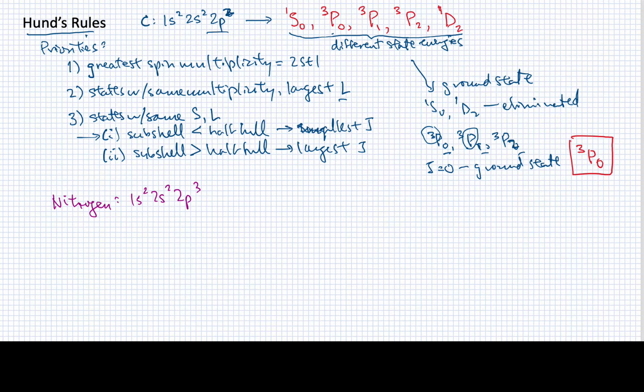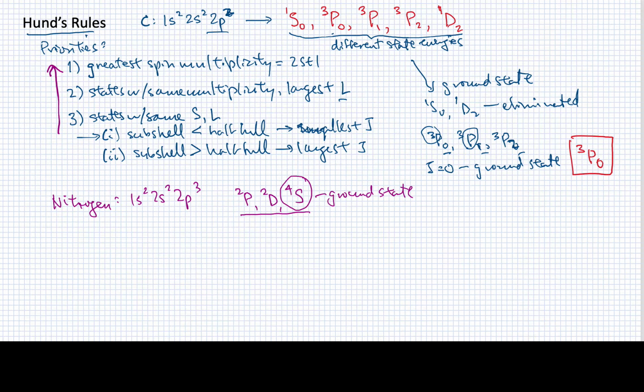You should come up with doublet P, doublet D, and quartet S as your three terms. I'm not going to go through the J's just yet, but we'll see how to get those in a moment. I hope it would be pretty easy using Hund's rules to indicate that the quartet S would be the ground state for the nitrogen atom.